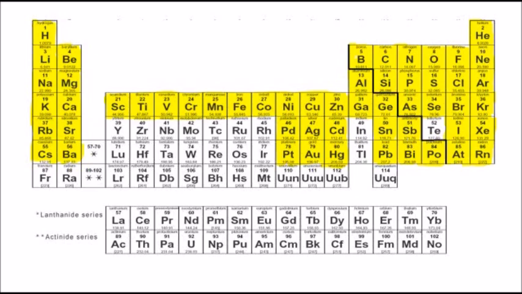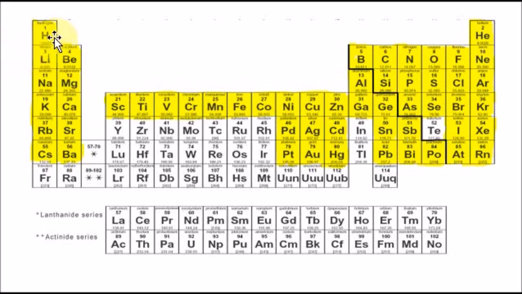Obviously, your teacher might not expect you to memorize all of these, or might expect you to memorize more, so pay attention to your teacher. But at least in terms of the AP Chemistry test and everything through this course, these are the elements I picked out which you probably need to know. These are the important ones, the ones I've highlighted. So let's quickly go through each one of them.